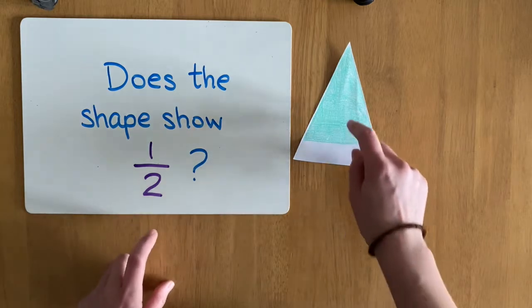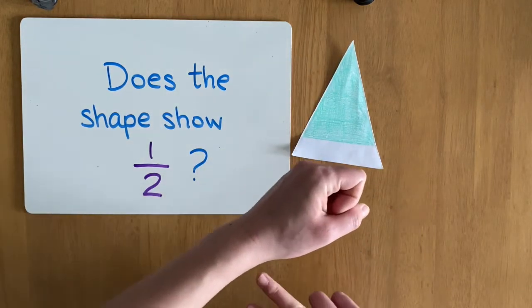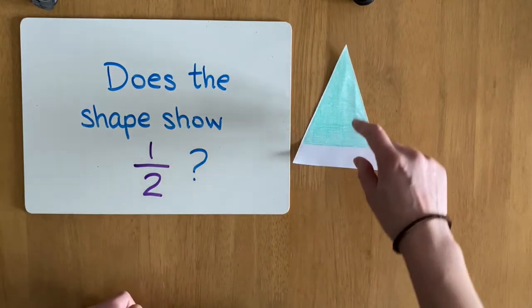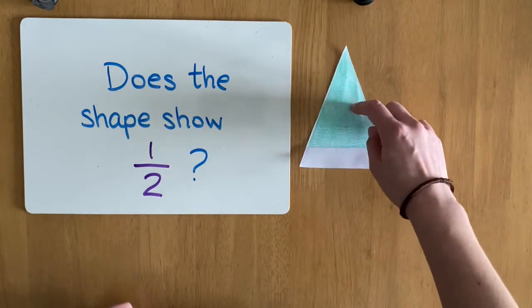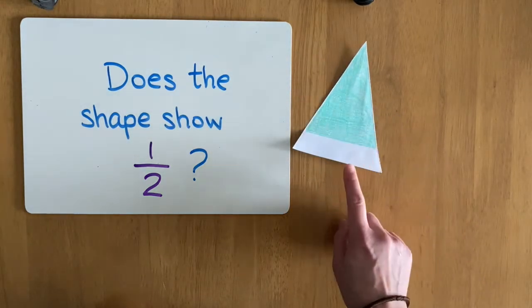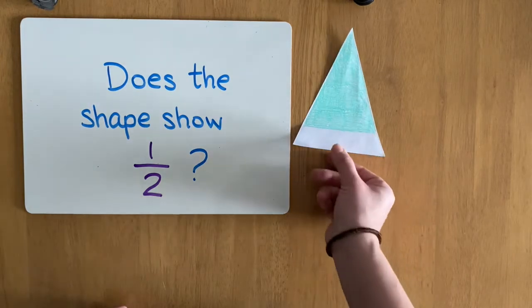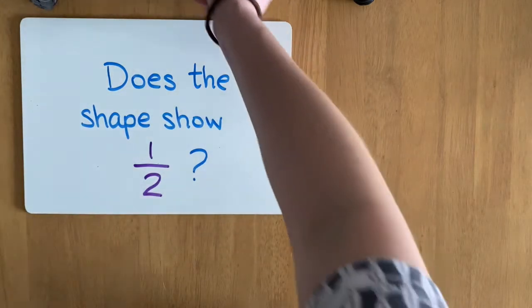But are these 2 parts equal? No, this one is way bigger. So this cannot show 1/2 because they're not split equally. So this is a no. This does not show 1/2.